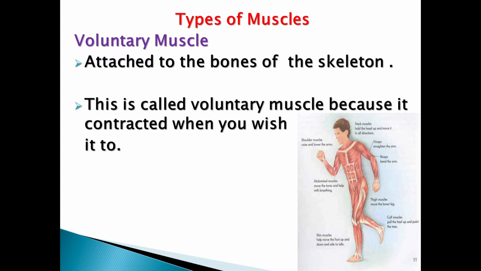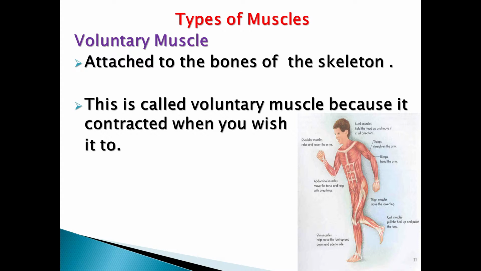In the image, you see this individual running, and you can see the muscles on his body. That is because voluntary muscles normally cover the skeletal system.